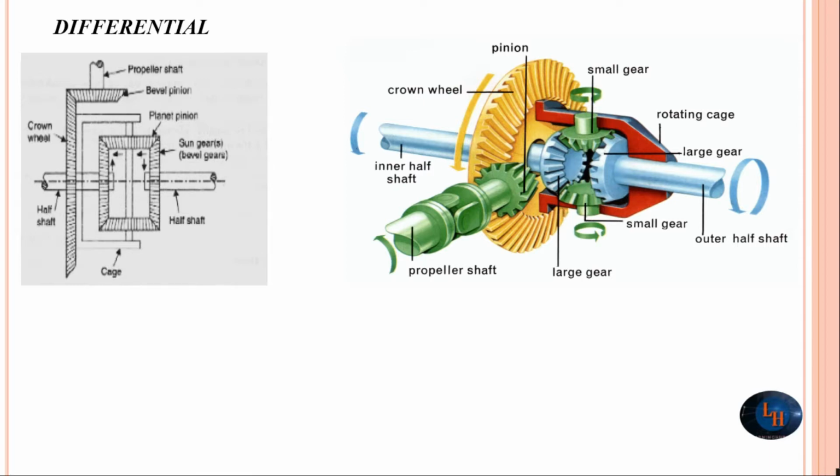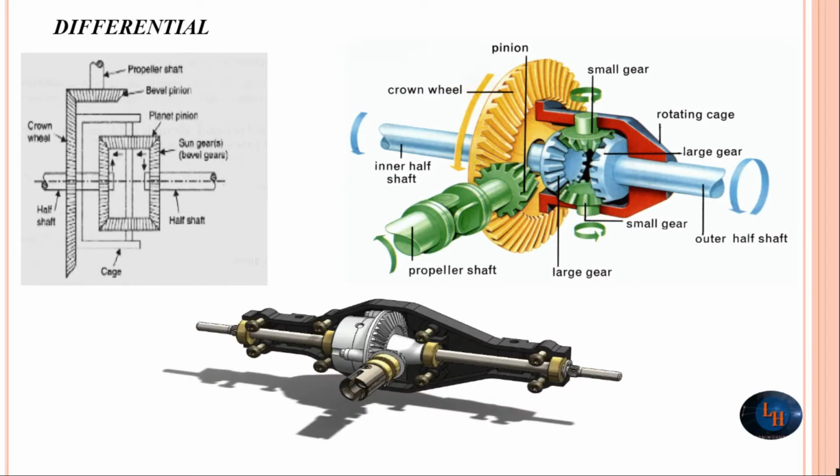If the vehicle had a solid axle only and no other devices, there would be a possibility of skidding of the wheels. Hence, to avoid this skidding, some mechanism must be incorporated in the rear axle, which reduces the speed of the inner wheel and increases the speed of the outer wheel when taking a turn.